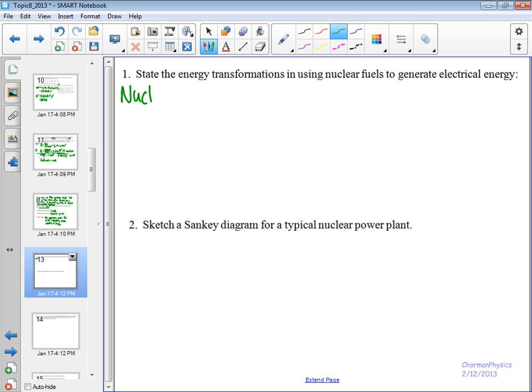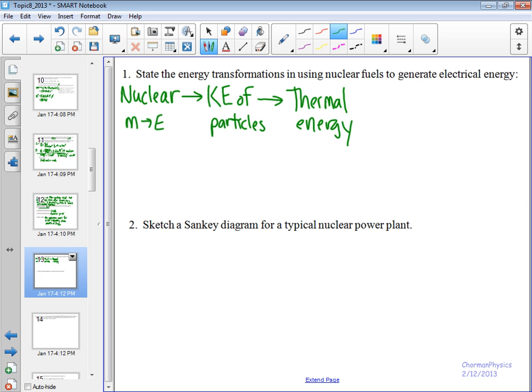So we start out with this nuclear energy, that conversion of mass into energy. And from there, we go to the kinetic energy of the daughter particles, and that's going to heat up water. So think of it as going to thermal energy of water, and obviously the kinetic energy too in some way.